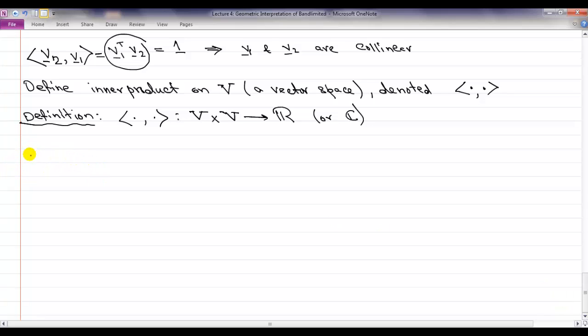There are four main properties. Number one: if I have three vectors and I take the inner product of x plus y with z, then the inner product is linear in the first argument, which means I should be able to write it as the inner product between x and z plus y and z.